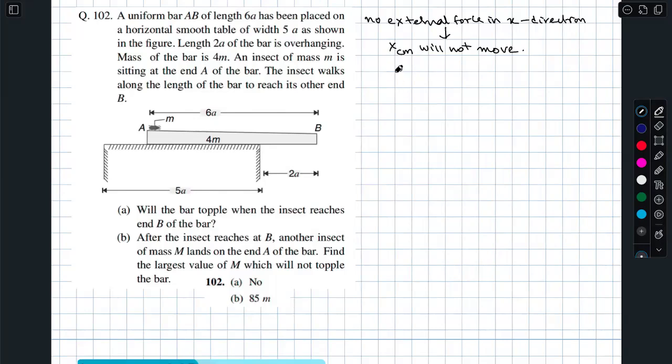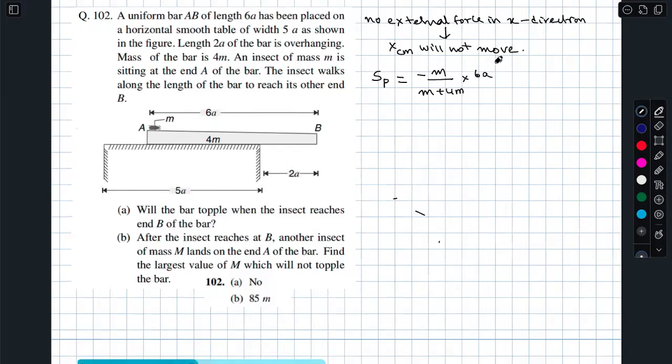Like the man and plank problem, the displacement of the plank is equal to minus m by (m plus 4m) times 6a.